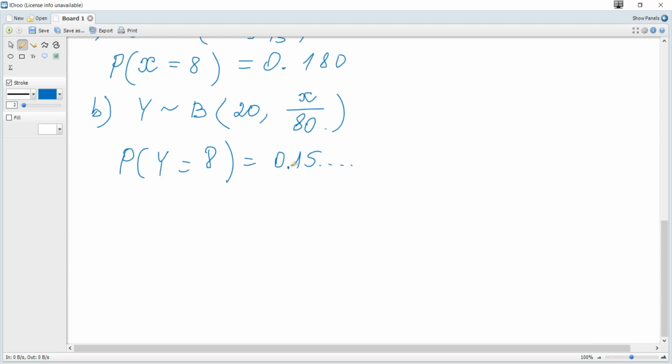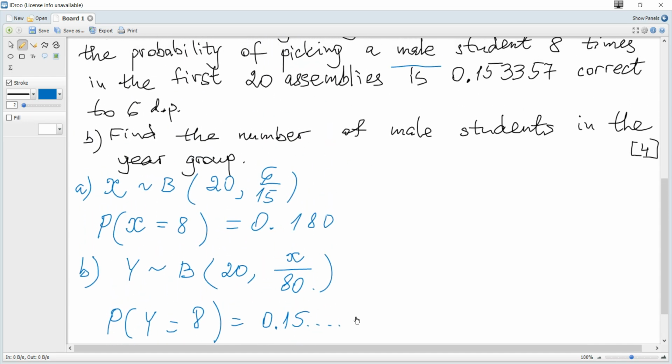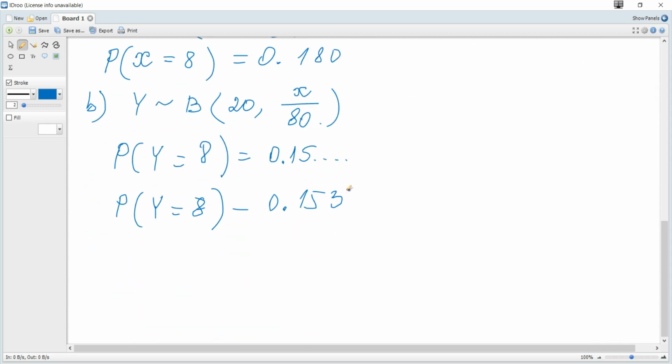How to do that? We actually get an equation that the probability is equal to some value, and it will be more useful to move everything to one side. So move this value 0.153357 to the left and equate it to 0. Consider the left hand side as some function and plot its graph.